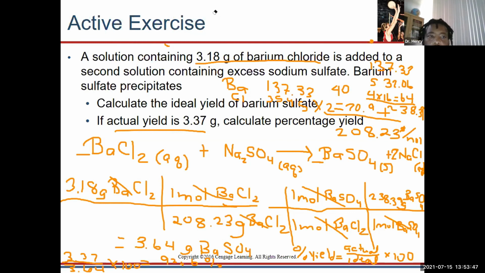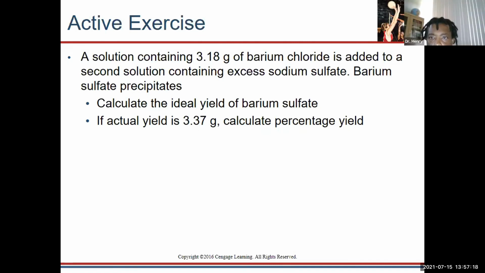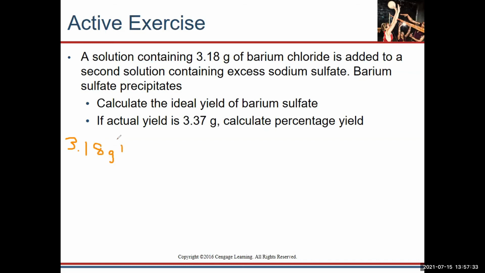Okay, questions, concerns? Okay, so when we did those calculations, first off, we went from the 3.818 grams, and that was the barium chloride, right?